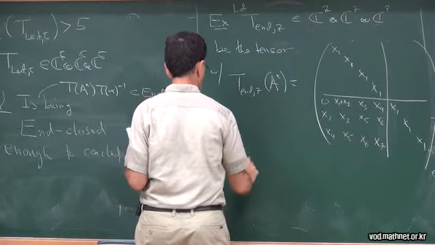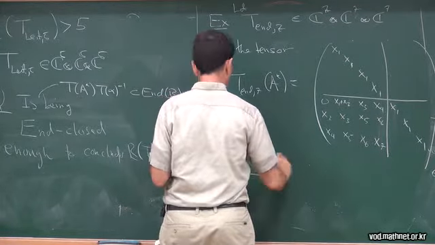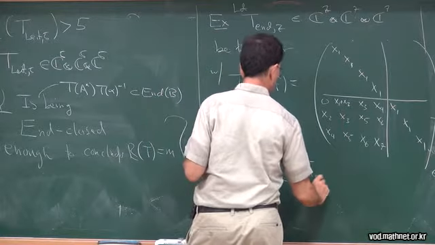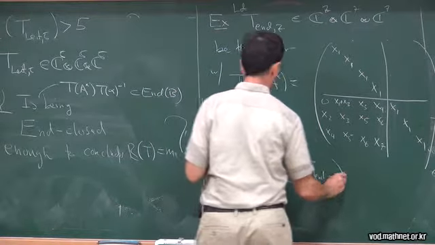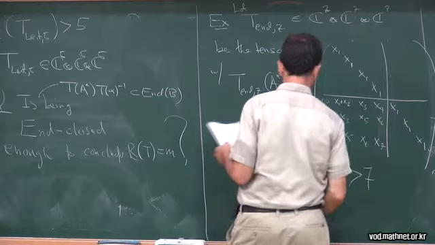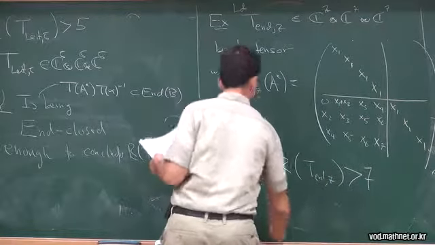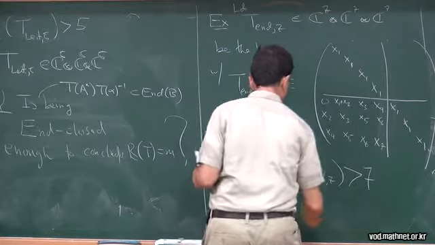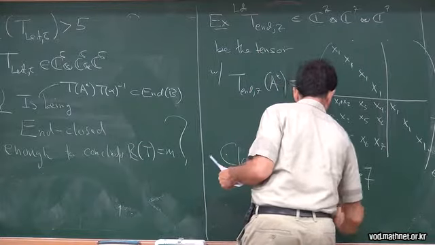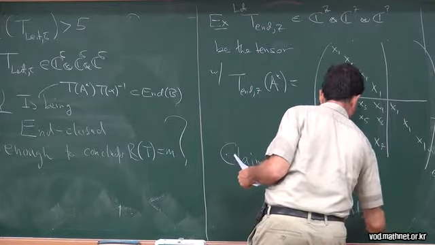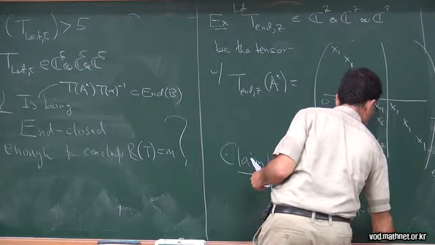And I claim that the border rank of this tensor is greater than 7, but it is end closed and abelian.